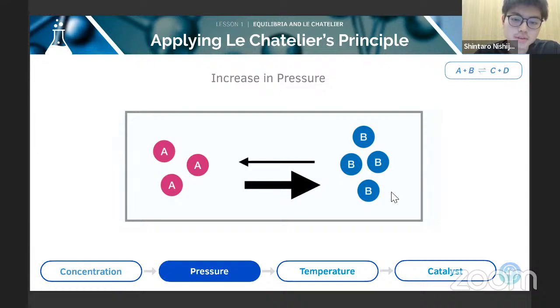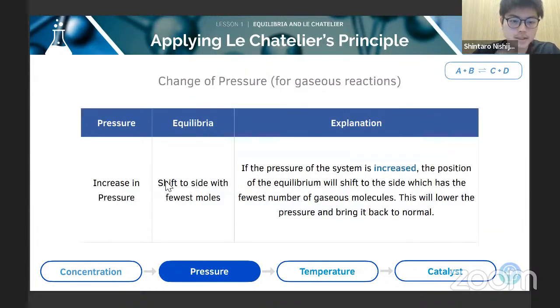So taking these numbers literally, it's going to want to go to the left where there are fewer molecules. Ignore the fat arrow here. It would favor the backward reaction to decrease the pressure because there are fewer molecules on the left side. So increasing pressure shifts the equilibrium to the side with the fewest moles.